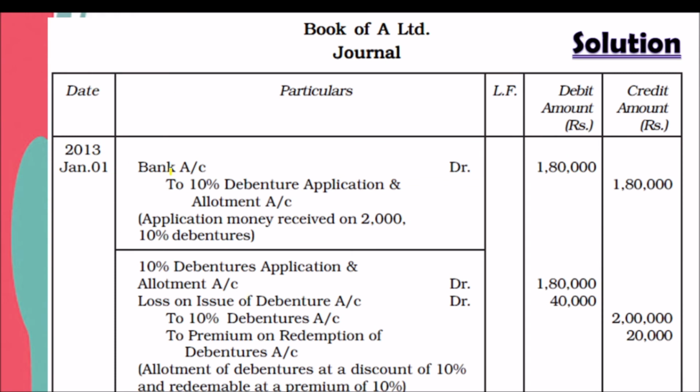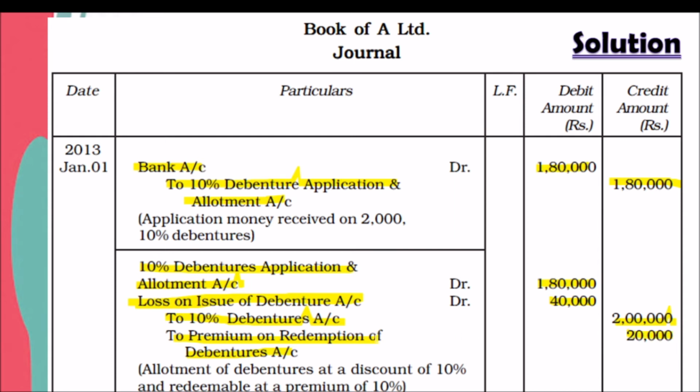So first entry will be bank account debtor to 10% debenture application and allotment account 1,80,000. And 10% debenture application and allotment account debtor 1,80,000, loss on issue of debenture account debtor 40,000, 10% debenture account debtor 2 lakh, to premium on redemption of debenture 20,000.